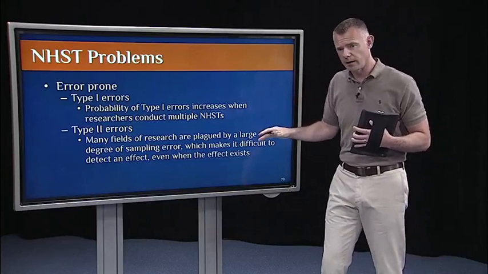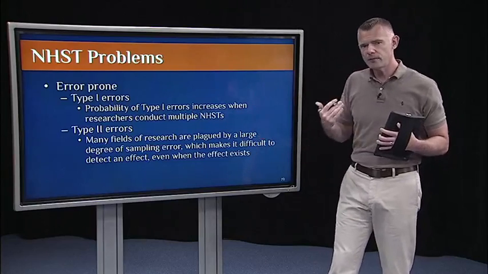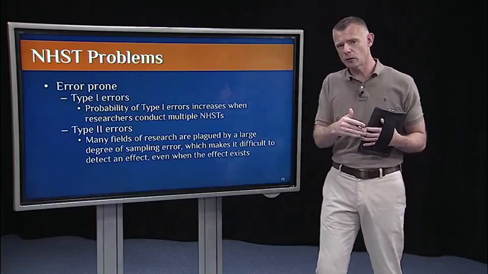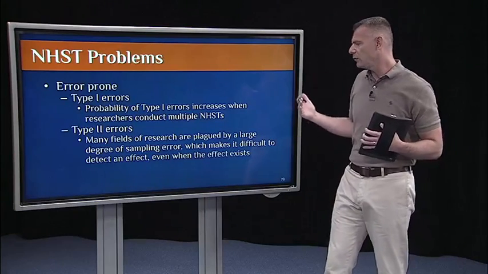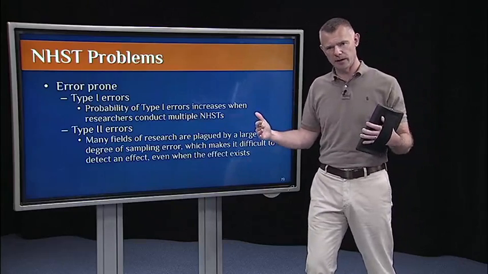On the flip side, there are a lot of fields of research, especially in the social sciences and especially psychology, that are plagued with a large degree of sampling error.